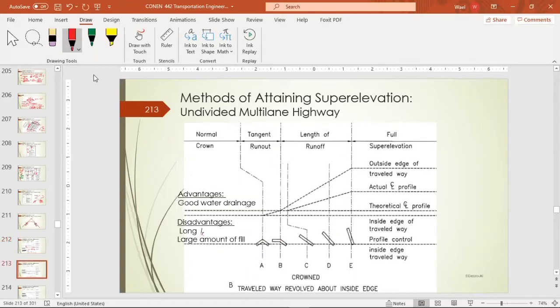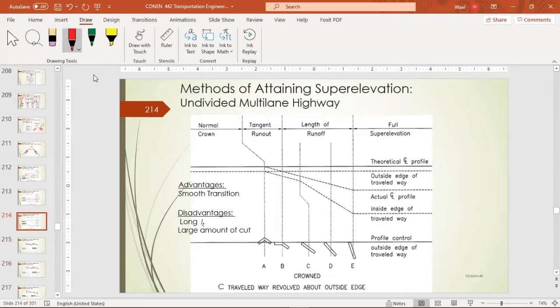Now there is another strategy which is rotating around the inside edge. As you can see, the inside edge maintained the same elevation. So that's the elevation of the inside edge. Now rotating around the outside edge.